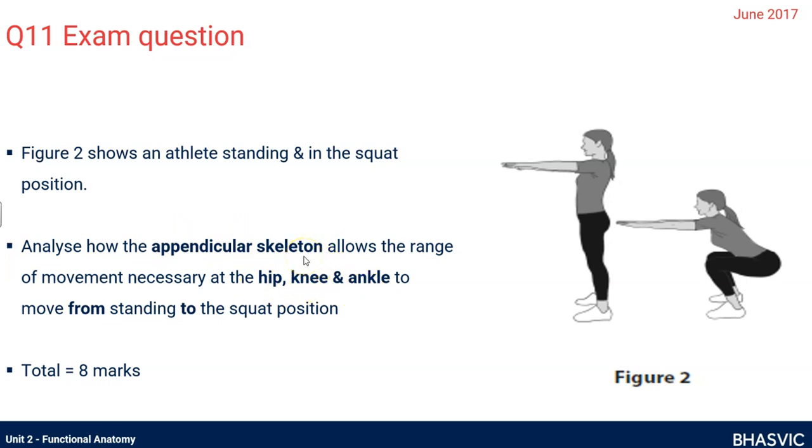There's no mention of the axial skeleton, and none of these three joints are part of the axial skeleton. It also tells you that it wants you to analyse the movement from standing to squatting, just that one downward squat action. And of course, it's worth 8 marks.